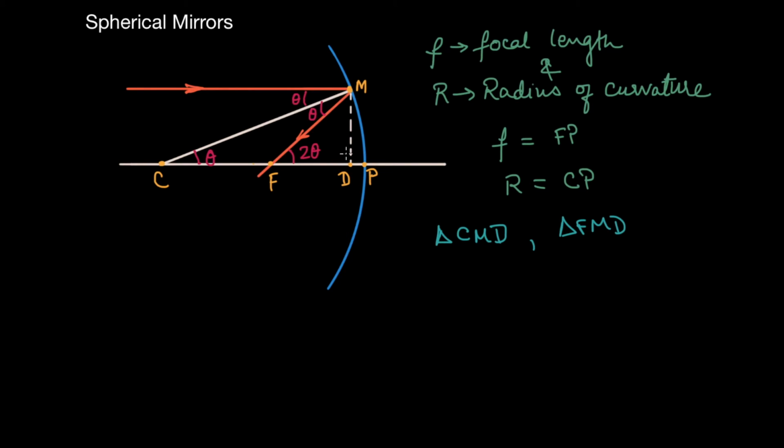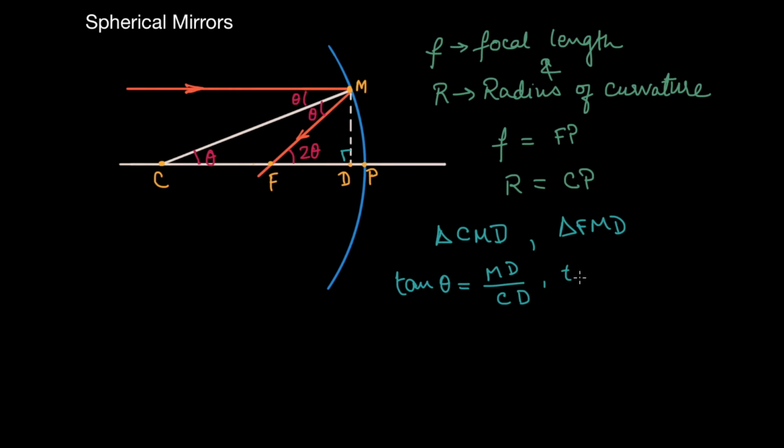This here is a right angle, so we're dropping a perpendicular from the point M onto the principal axis, so that there is a right angle. So for these two triangles, let's write down what is tangent of this angle here, theta. That equals the opposite side over the adjacent side. MD is the opposite side opposite to theta. The side adjacent to theta is CD.